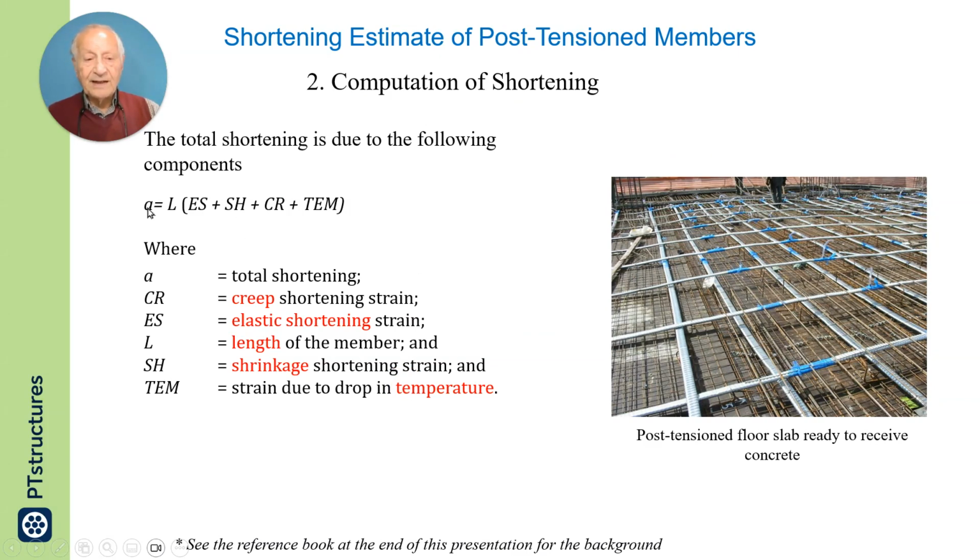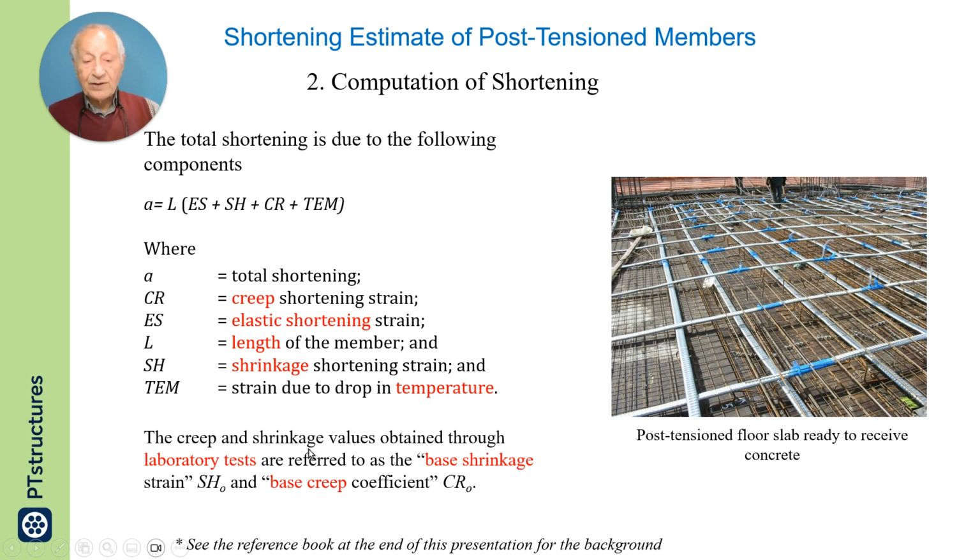So shortening Δ is length times shortening per unit length of elastic shortening, shrinkage, creep, and temperature. This is the relationship we use.